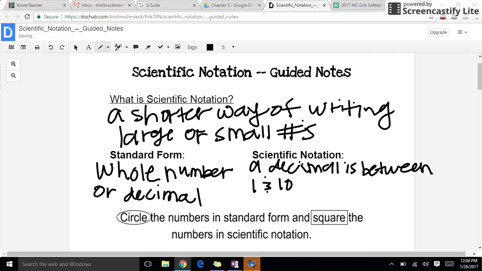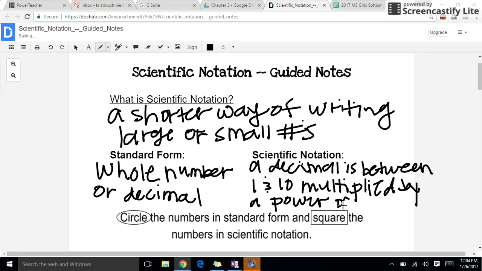So it's between 1 and 10, and then it's multiplied by a power of 10, which is the confusing part. I'm going to need some practice after this. Well, it's a great thing that we have some. That word says power if you can't read it.